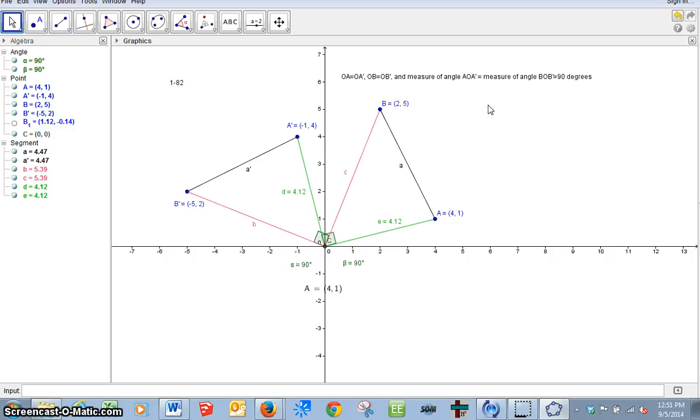And then you're asked to respond to the question, why does it make sense for all points P on the graph, a rotation about point O moves it to a new point P prime so that OP equals OP prime, and the measure of POP prime equals the measure of rotation. Well, we're looking at this idea that a rotation keeps the distance between all points on the tracing paper and the point of rotation constant.